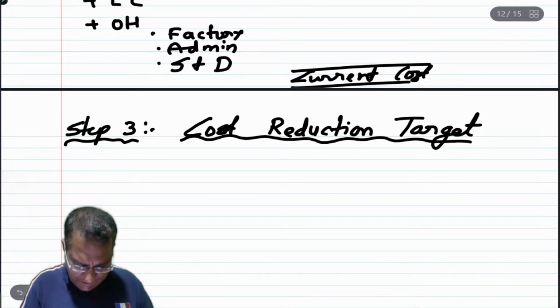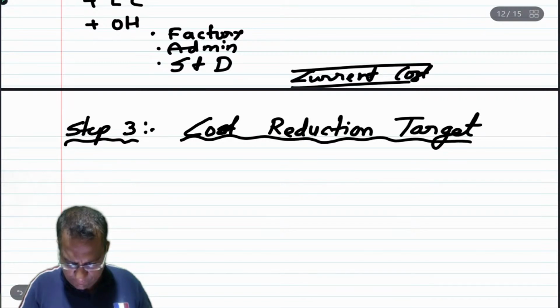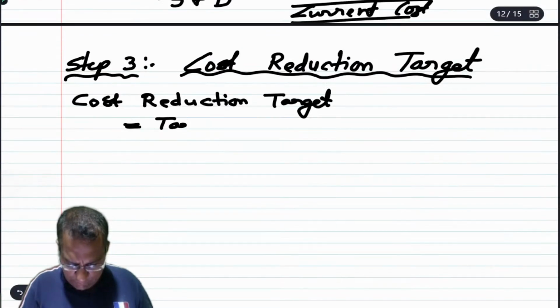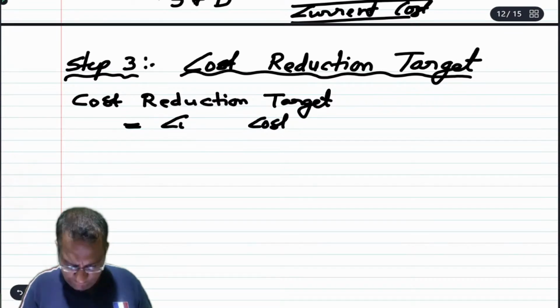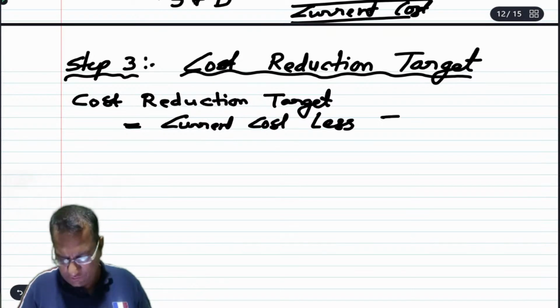Cost reduction target is equal to, it's better to write first, current cost less target cost.